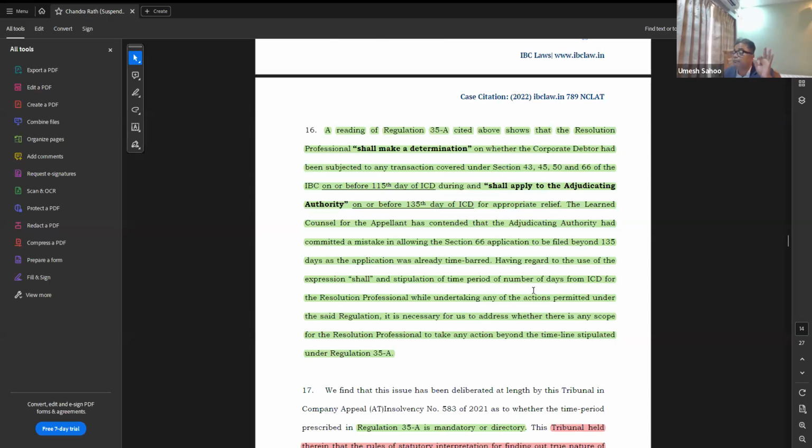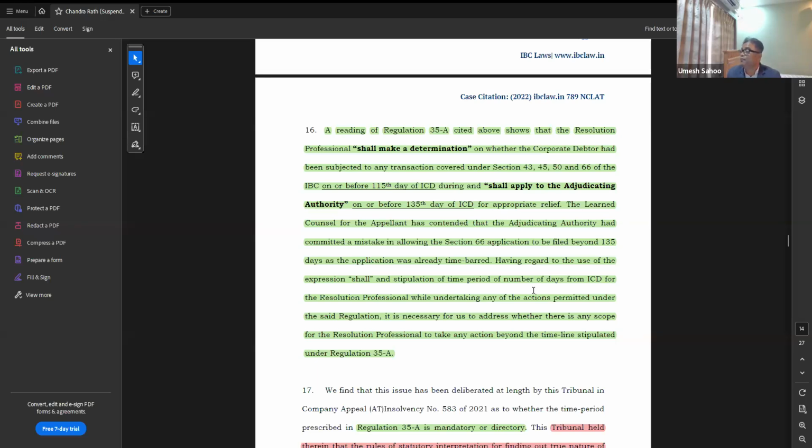It is clearly mentioned, shall make a determination on whether the corporate debtor had been subject to any transaction covered under section 43, 45, 50 and 66 of IBC on or before 115 days, and shall apply to the Adjudicating Authority on or before 135 days. Sir, both are concluded with shall. The two points are very important: one is shall make a determination, the other is shall apply to the authority with the application.